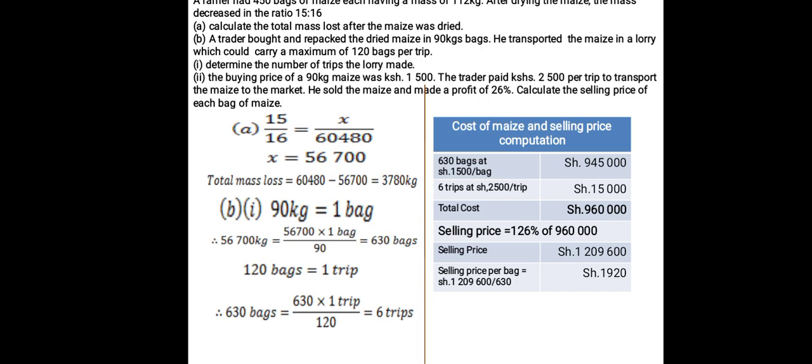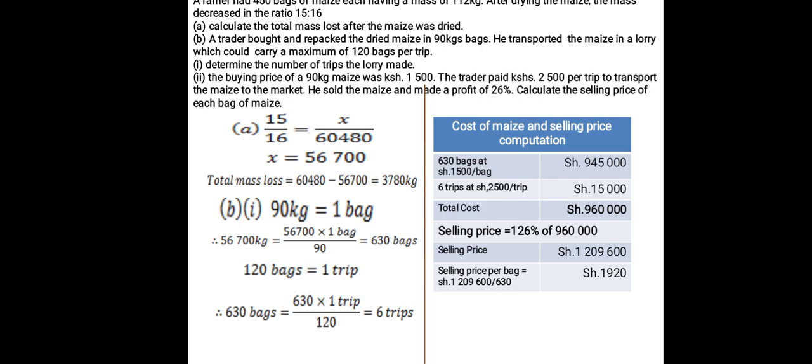So multiplied by 630, we find that he bought all the maize at 945,000 shillings. And then he made 6 trips at 2,500 per trip. Multiplying 6 by 2,500, we get that he spent 15,000 on trips. Now the total cost, we add the two, 945,000 and 15,000, we get 960,000.